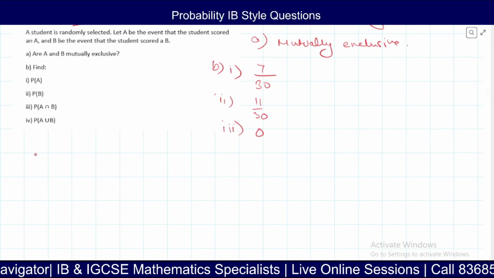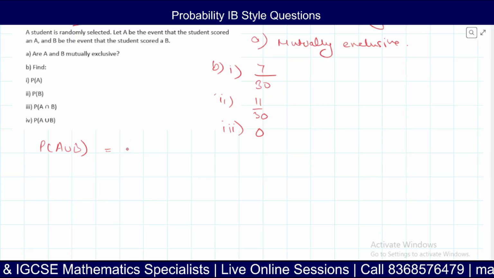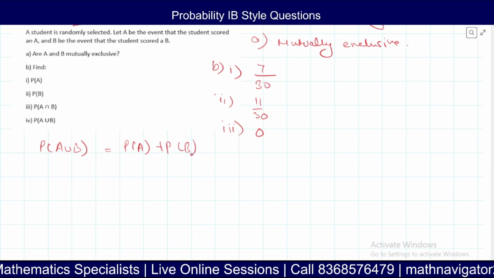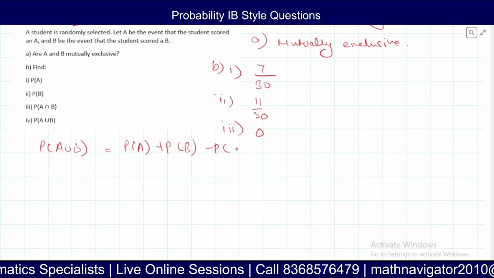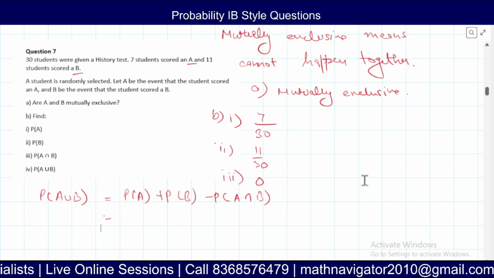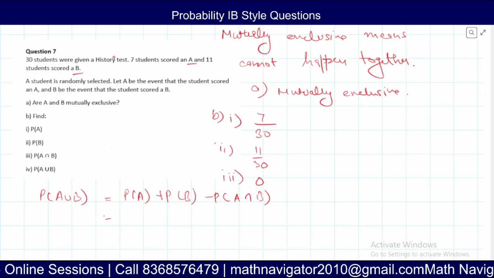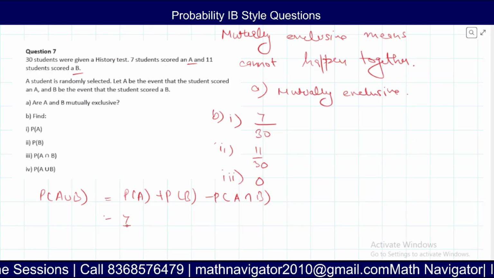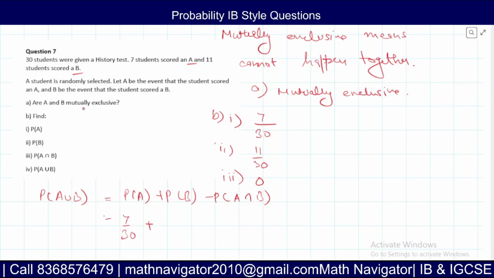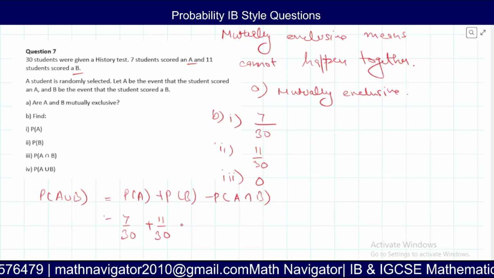Now I have to find probability of A union B. So I'll use the addition law of probability, which is probability of A union B is equal to probability of A plus probability of B minus probability of A and B, right? Probability of A is 7 over 30, plus probability of B is 11 over 30, and probability of A and B is 0.